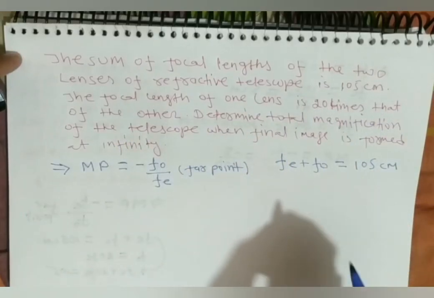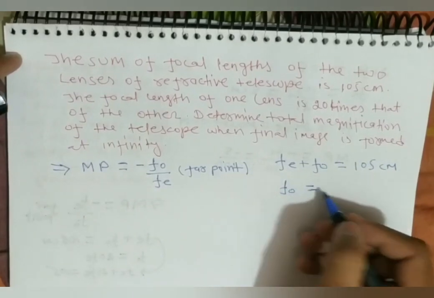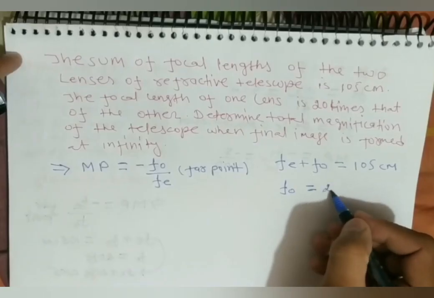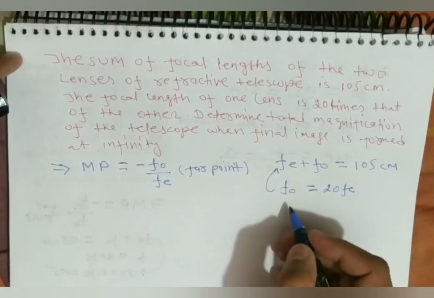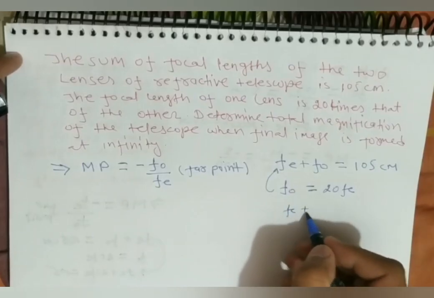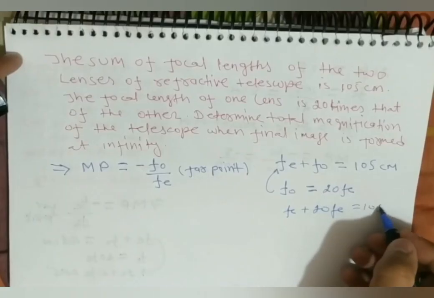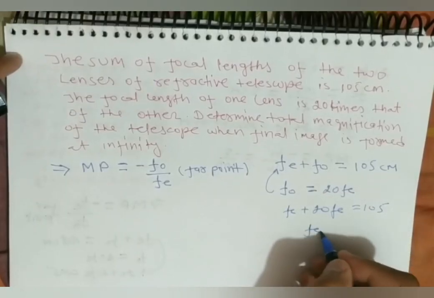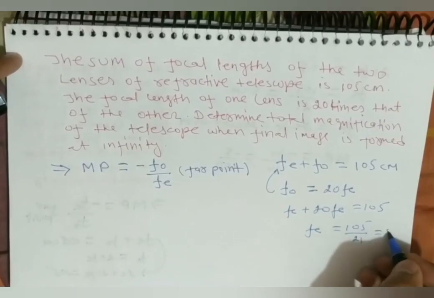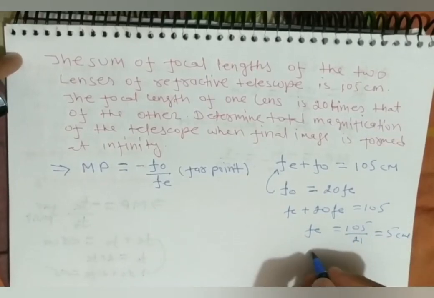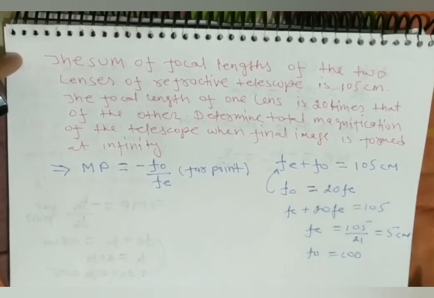As the focal length of the objective is greater in a telescope, f naught will be 20 times FE. So FE plus 20 FE equal to 105, so FE is 105 upon 21, which is 5.